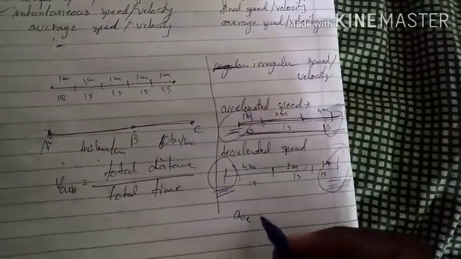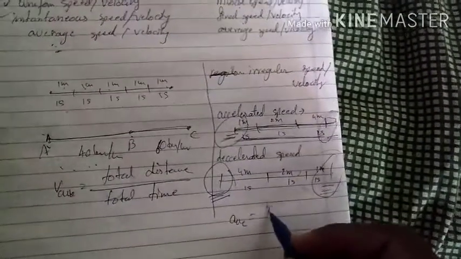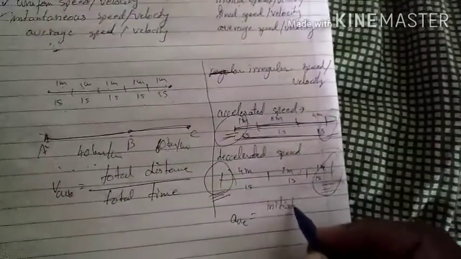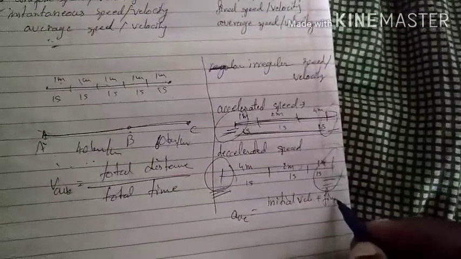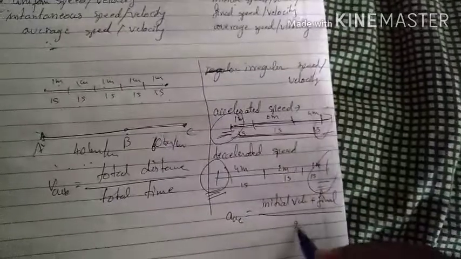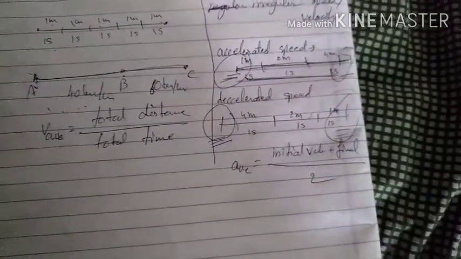Okay, now average velocity. The average velocity is said to be initial velocity plus final velocity by 2. That is the mean of the two velocities.